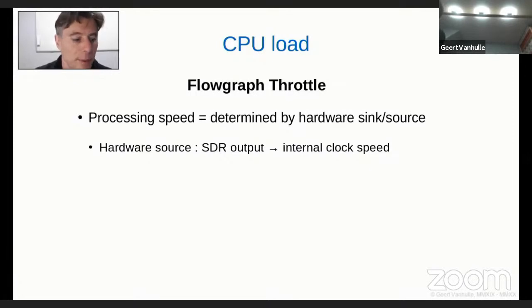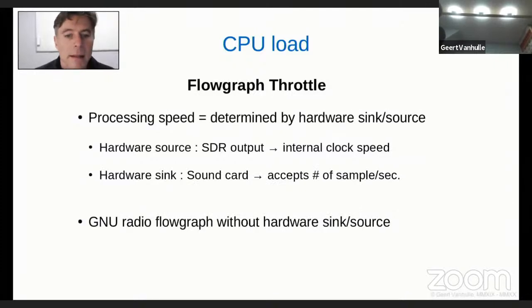Well, the processing speed of the samples will be the maximum speed this hardware device accepts the samples. In the case of a sound card, for example, 48 kilo samples per second. If we would process the samples at a higher speed coming from this virtual source, we would get a buffer overflow in the sound card. If we produce the samples too slowly, then we get an underflow and the sound card would produce choppy sound.